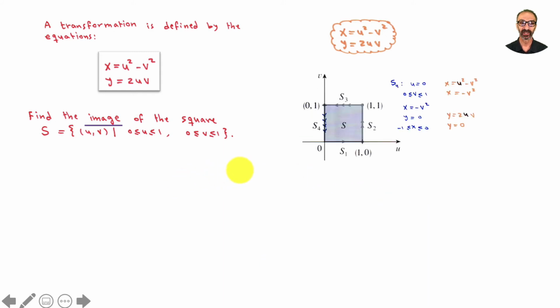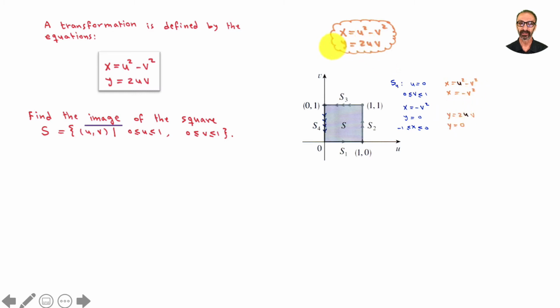Finally, S4. S4 is going down, and that shows that u is 0 and v changes from 1 to 0. Do the math. We have y equals 0. Plug it in here. I get x equals minus v squared.